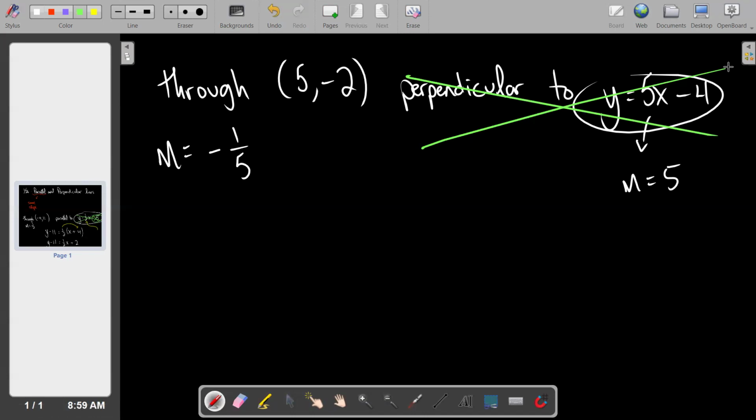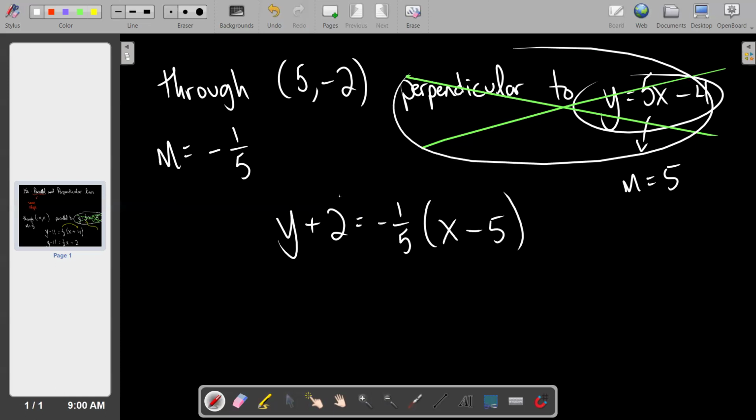So you go in, grab the slope, run the other way. My equation in its initial form is going to be y plus 2 equals -1/5 of x minus 5. Parallel means steal the slope, use it. Perpendicular means steal the slope, modify it, use it.